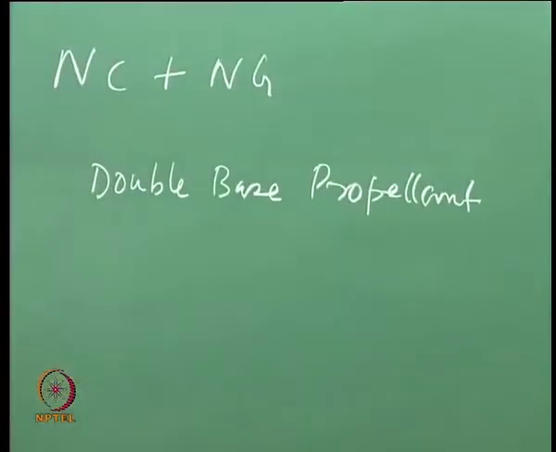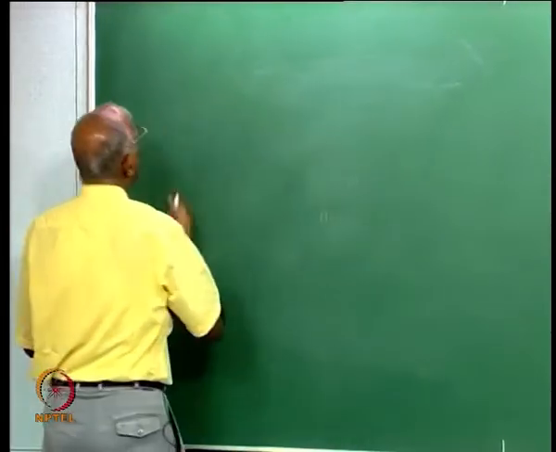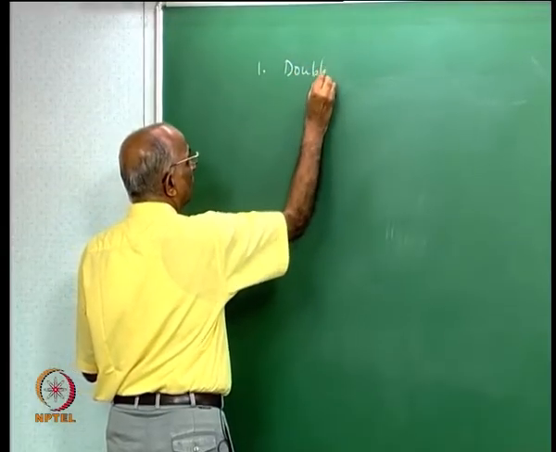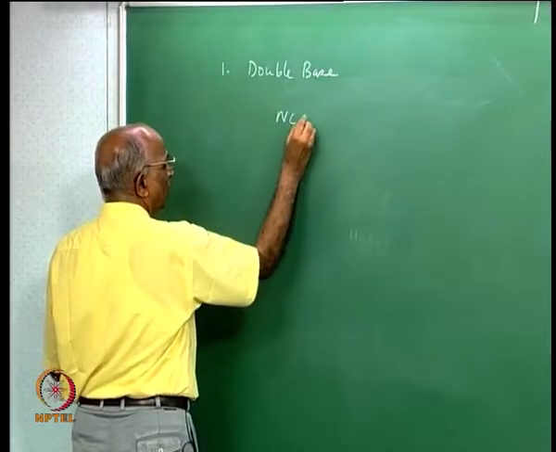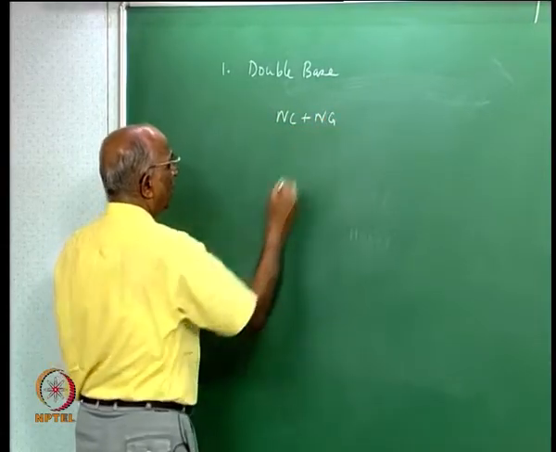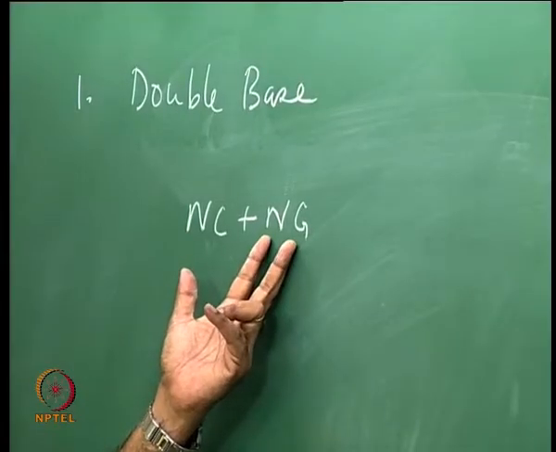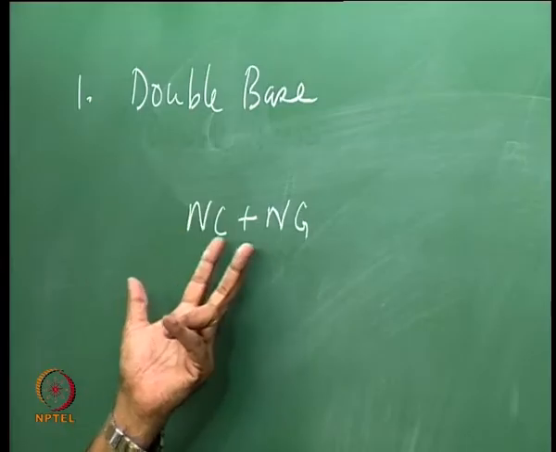Therefore, the first solid propellant we study, let us put it down, will be a double base propellant, which is still used widely. It consists of nitrocellulose and nitroglycerine. Nitrocellulose is fuel rich, nitroglycerine is slightly oxidizer rich, and you get much better performance than if these were used individually.